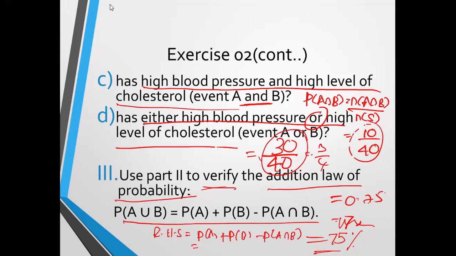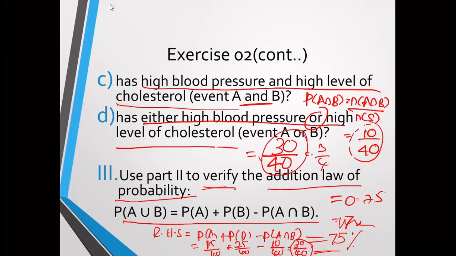And P(A) was found earlier, that is 15 over 40, plus P(B) was found earlier, that is 25 over 40, minus probability of A intersection B. Probability of A intersection B was found as 10 over 40, and that is equal to 15 plus 25 is 40, 40 minus 10 is 30, right? 30 over 40. And 30 over 40 was found earlier.